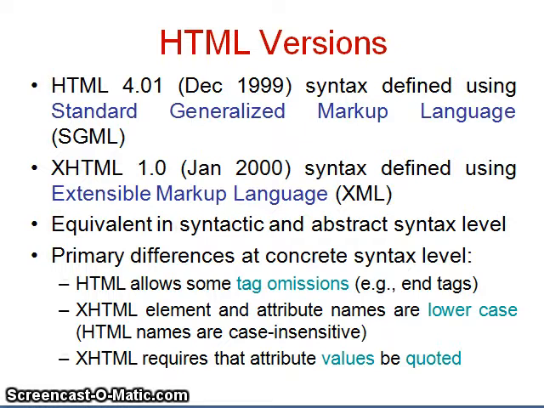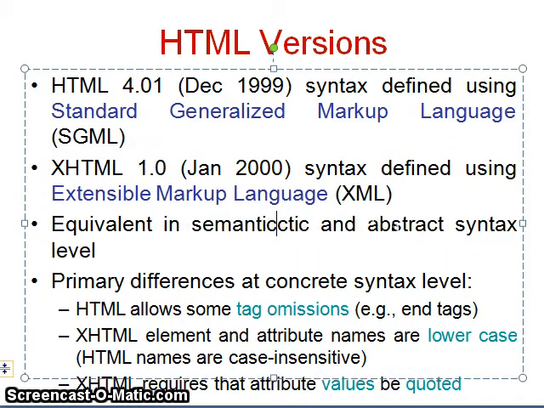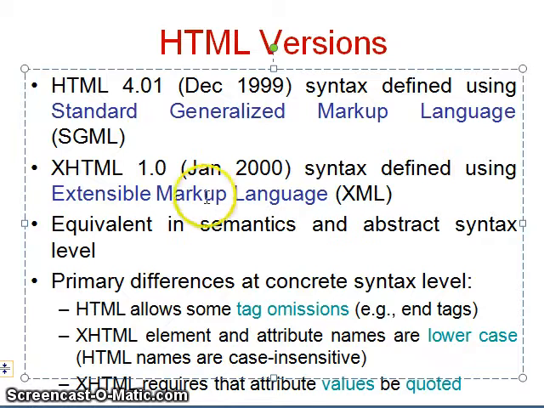Both are equivalent in terms of semantics and abstract syntax level. So the difference comes under the concrete syntax level. In concrete syntax, we specify the characters that are used for delimiting the tags and so on.